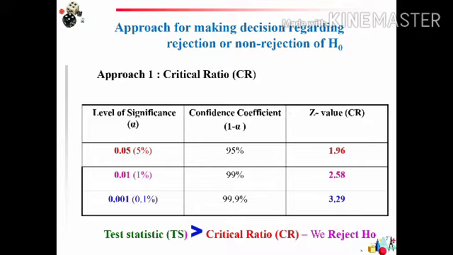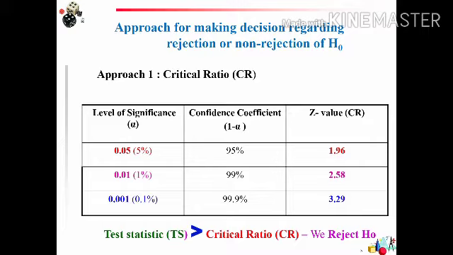In the previous classes you already learned about the level of significance, isn't it? What is the level of significance? Alpha, the chance of rejecting the null hypothesis when it is true, is called the level of significance.